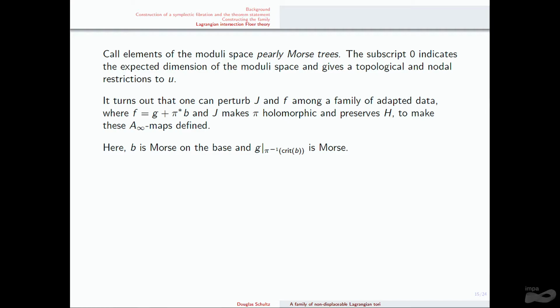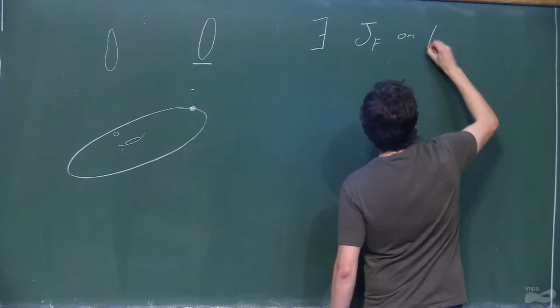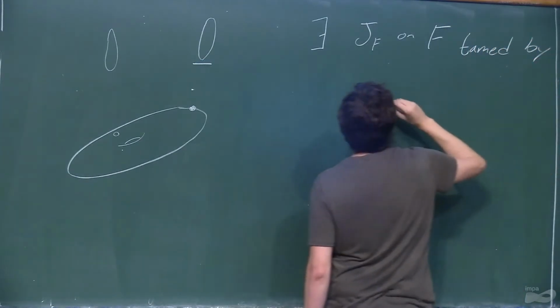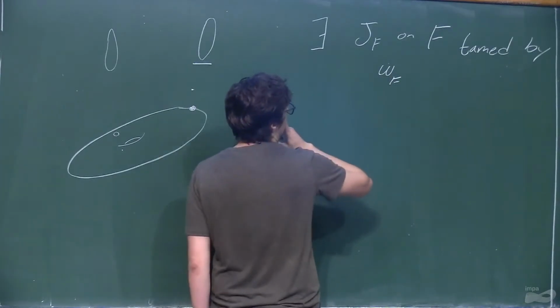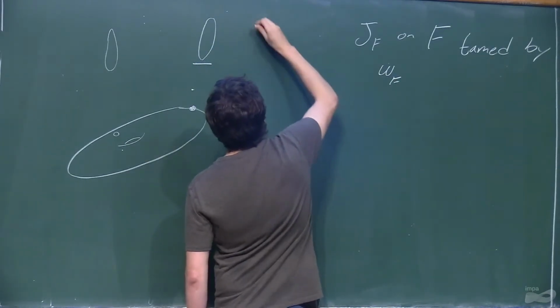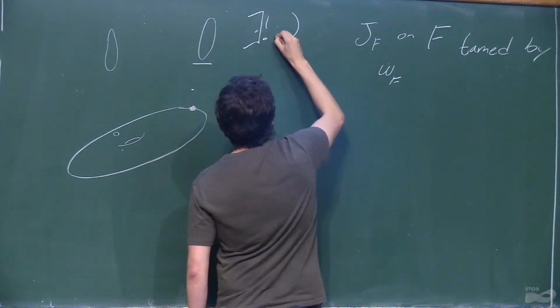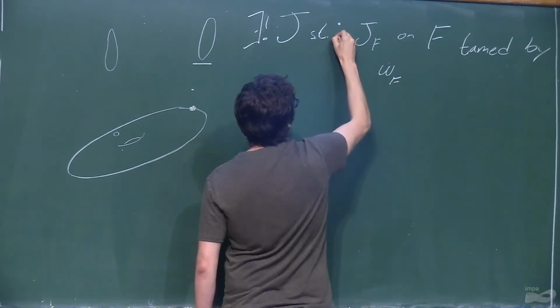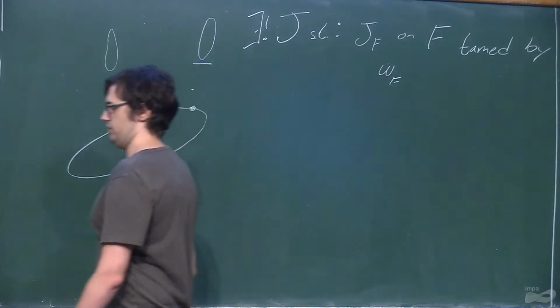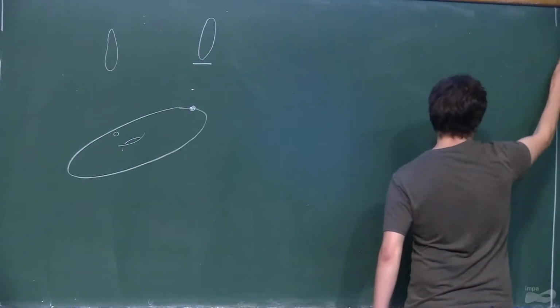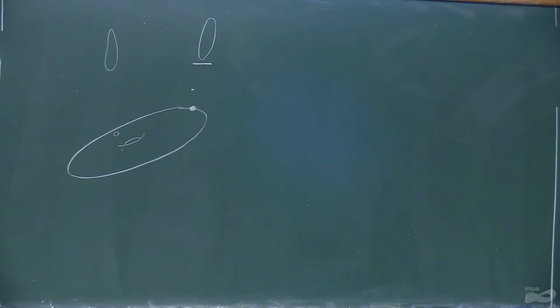So if you have a JF on F tamed by omega F, there exists a unique J on the total space, such that, it's implicit in Gromov's paper from 85.